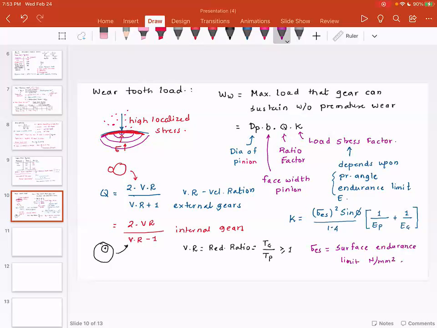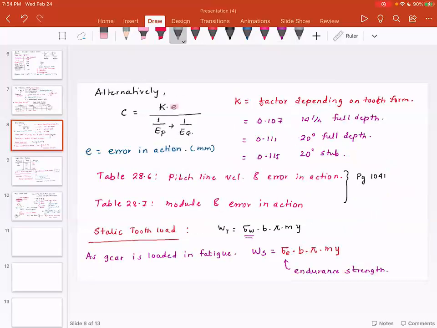And I just want to caution you that this surface endurance limit is not same as the endurance limit that we used in the strength calculation. So a word of caution. Be careful here. This is different than this guy.